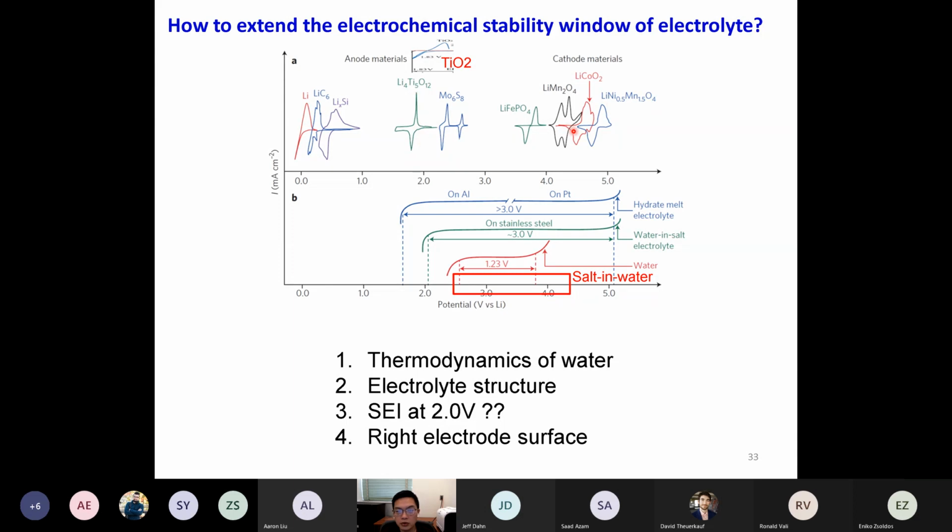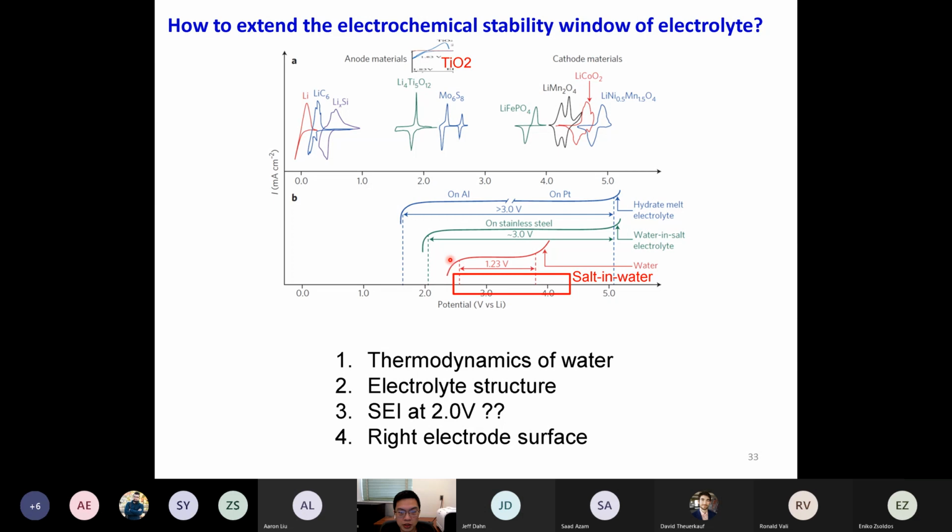And for the cathode, we have plenty of much more choices like LMO, which is pretty stable in the aqueous system. We also show using the high voltage lithium cobalt oxide. And also Yamada shows using a 5 volt nickel manganese oxide, but it didn't work very well. We will talk about why later.